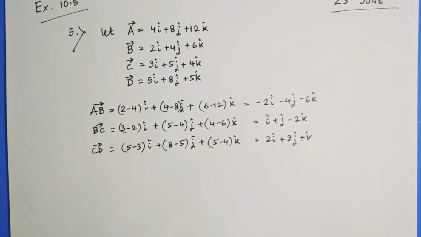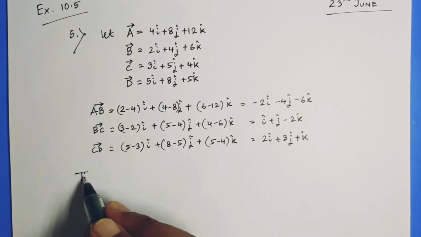Clear? So we got 3 vectors. Now they're saying that we have to show that these points are coplanar. Now how can 3 vectors be coplanar? We already know their scalar triple product is equal to 0, right? So write down in here.